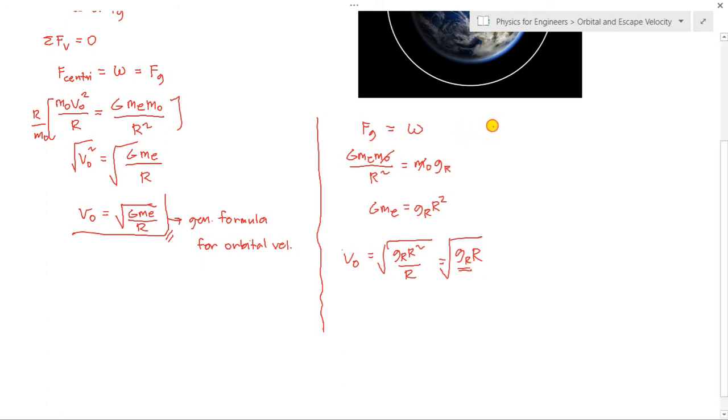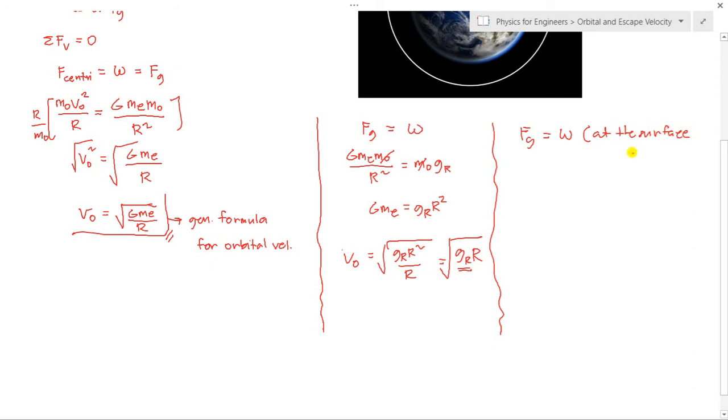So can we still find a way to make it in terms of just G? Yes, we can, since we can equate the gravitational force, which is equal to the weight, let's say at the surface of the Earth.